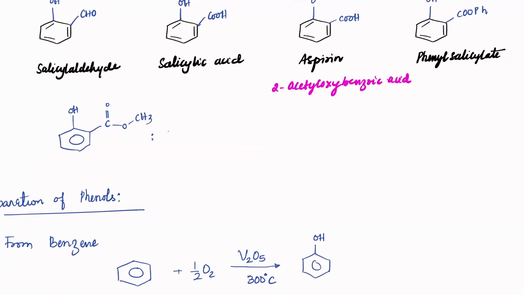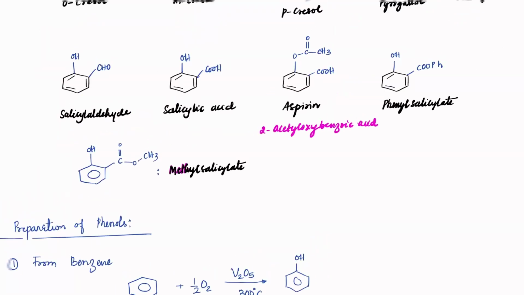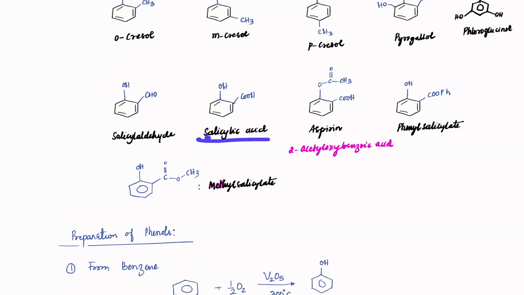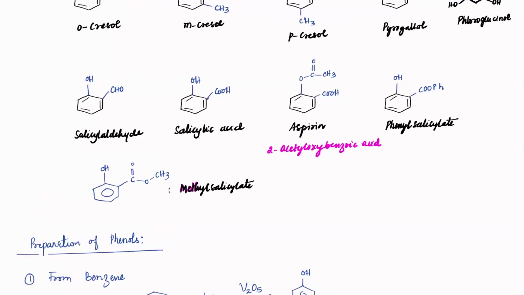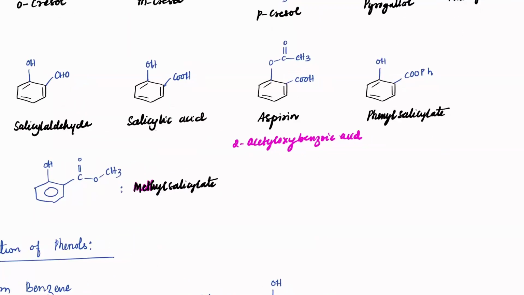Next one, if there is a methyl here, we call it methyl salicylate. It's all derived from salicylic acid onwards. So there are certain common names for this as well.